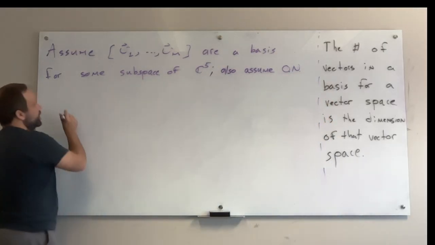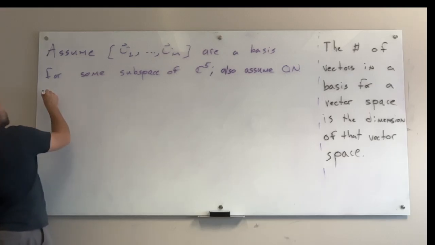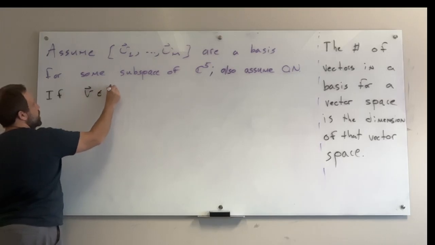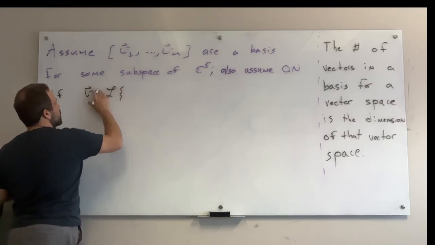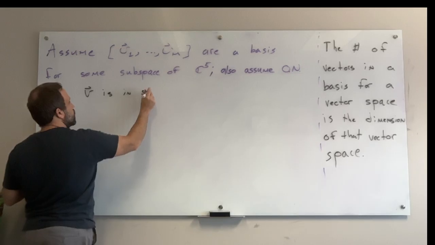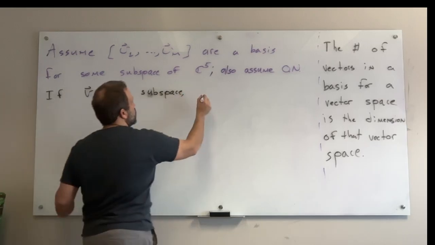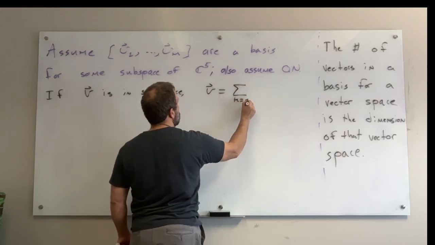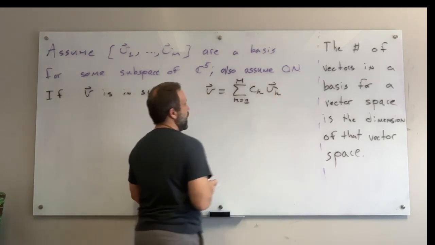So we know if V is in the linear span of these vectors, in other words, it's in the subspace, then we know that V is equal to the sum k equals 1 to m of ck vk.